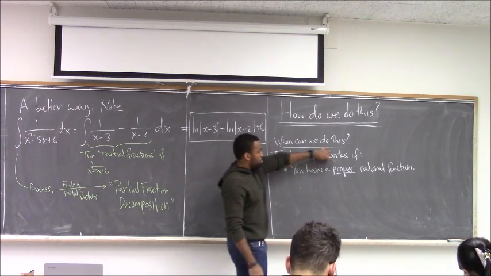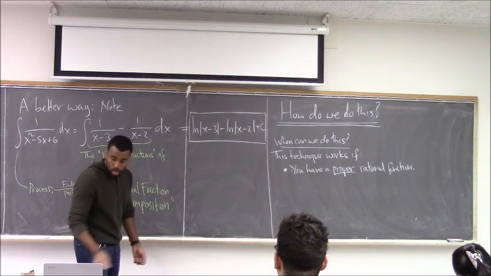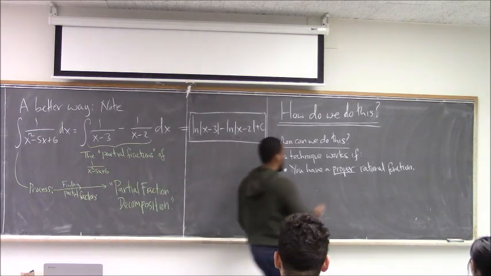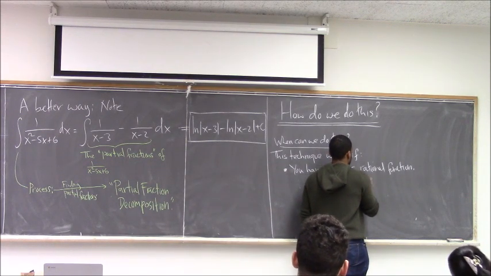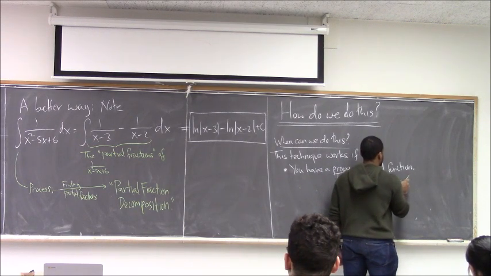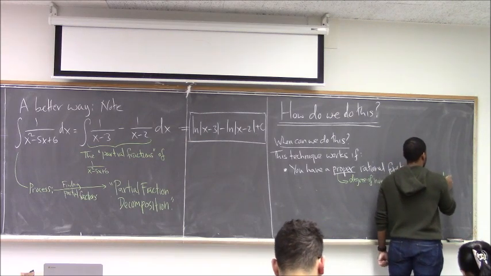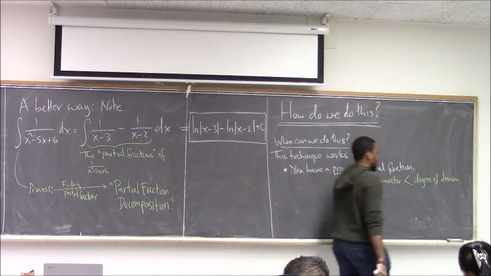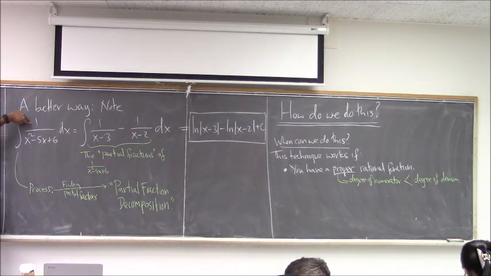And proper means that the highest power of the numerator, the degree of the numerator, is smaller than the degree of the denominator. So here, the degree of the numerator was 0, the degree of the denominator was 2. So this is a proper rational function, right?